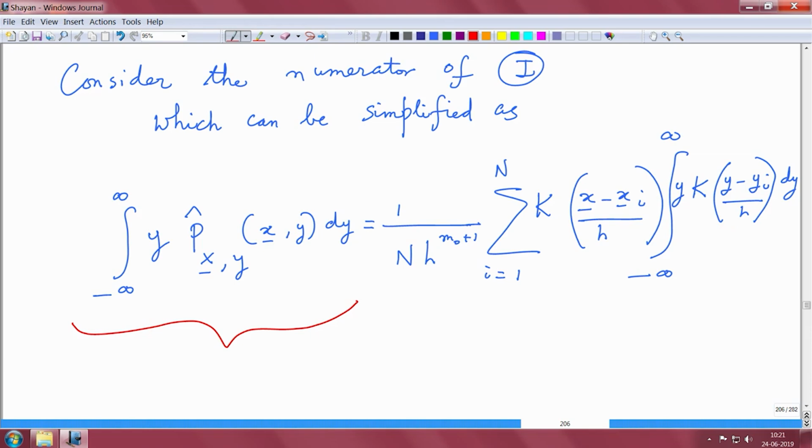We need to compute this integral, which still looks sort of messy. Now, fortunately we can simplify this. So, we have to simplify this integral. Let us compute it.